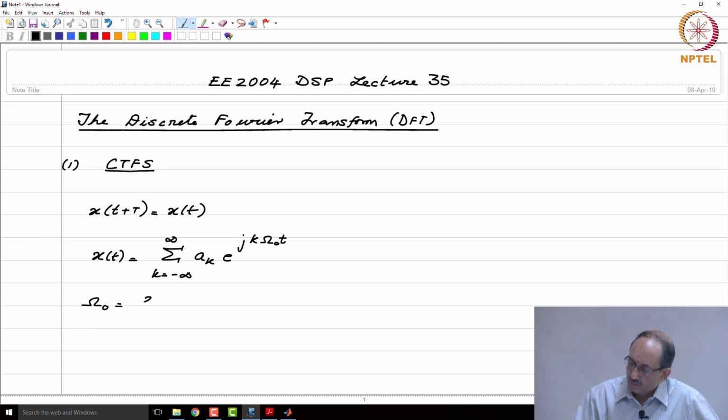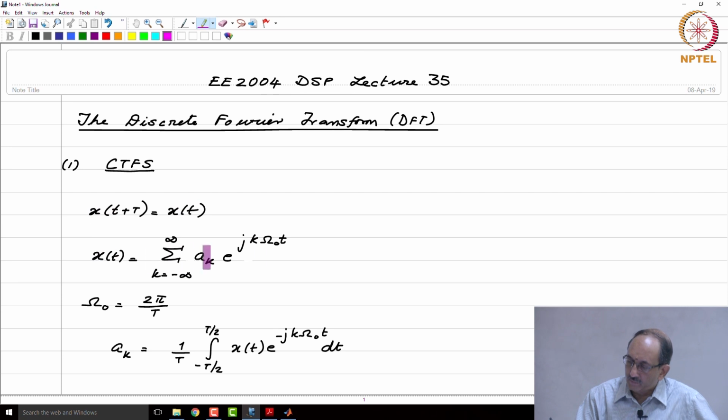Omega naught was 2 pi by capital T. a_k were the Fourier series coefficients, and the expression for a_k was 1 over T, integral from minus T by 2 to plus T by 2 of x of t e^{-j k omega naught t} dt.